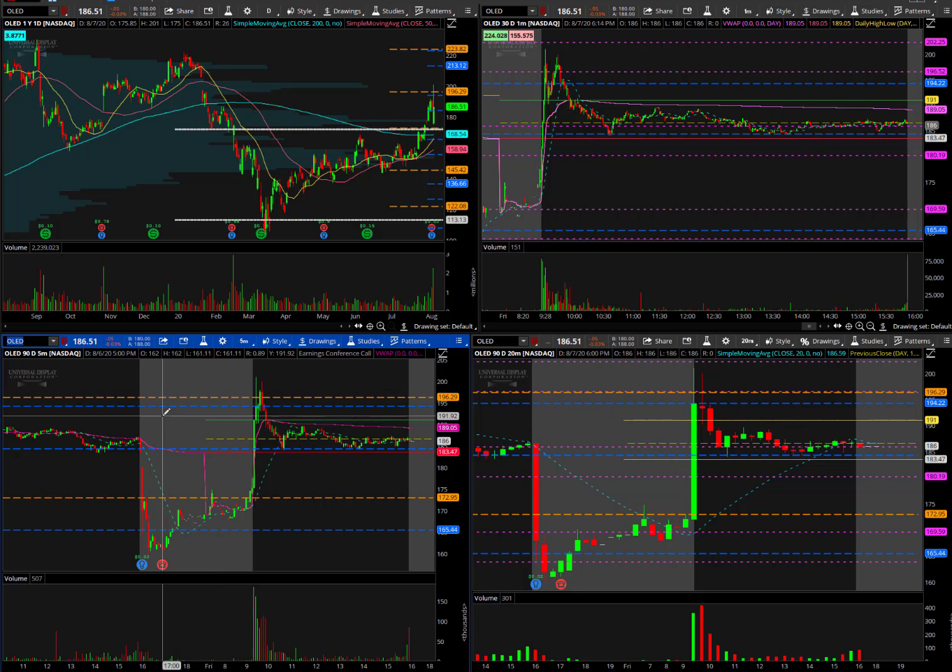My first target will always be previous day close, previous day high, previous day low, VWAP, 5 minute 20. I don't normally go by 1 minute, but if it's a pretty good extension, then probably I'll go by 1 minute 20. But normally my first target will be here.